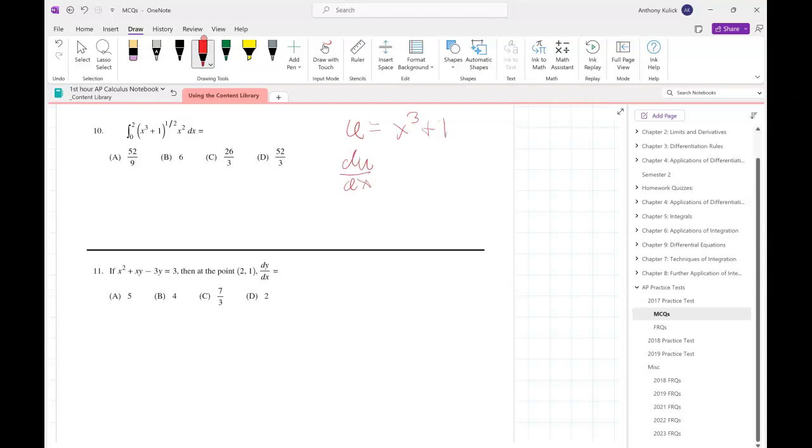So du dx then is 3x squared. So I don't have a 3x squared, but I have an x squared. So I'll divide the 3 over. And then I would recommend redoing our bounds by plugging them into our u.